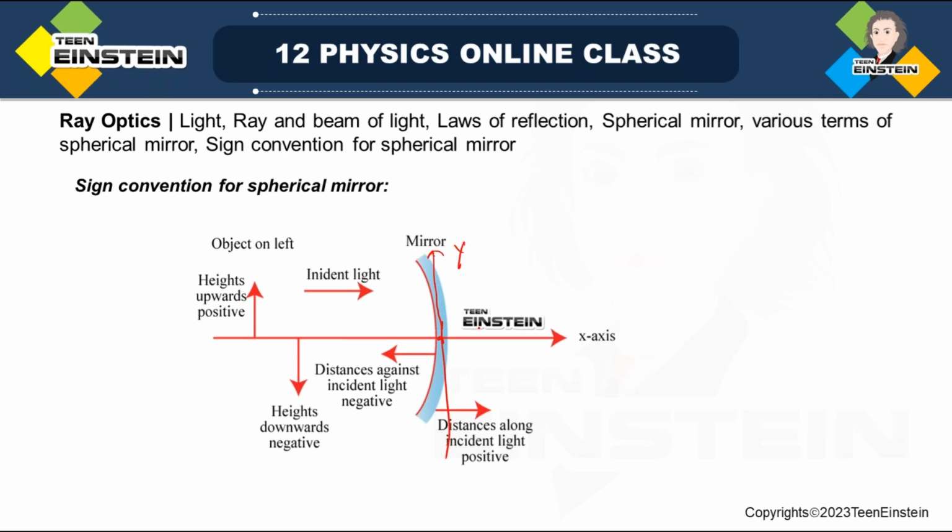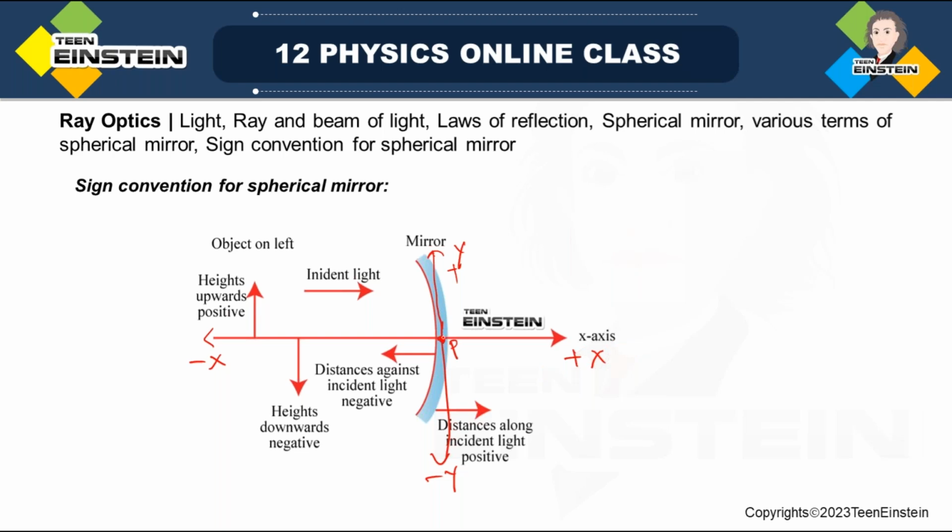This is positive y, this is negative y, this is positive x, and this is negative x, and the pole is exactly at the origin. Distances measured to the right of the pole are always positive.